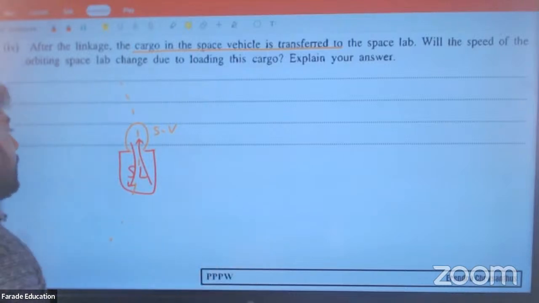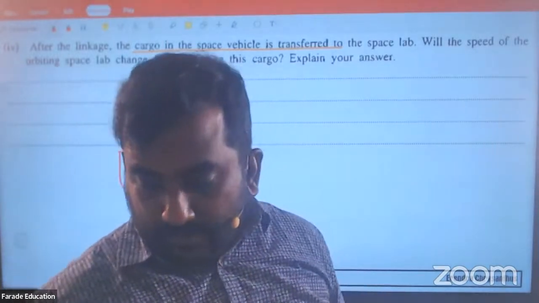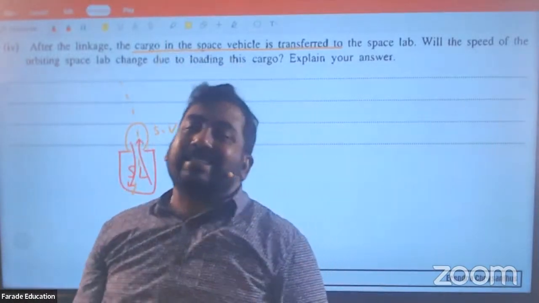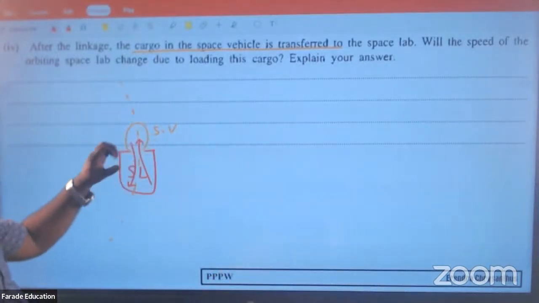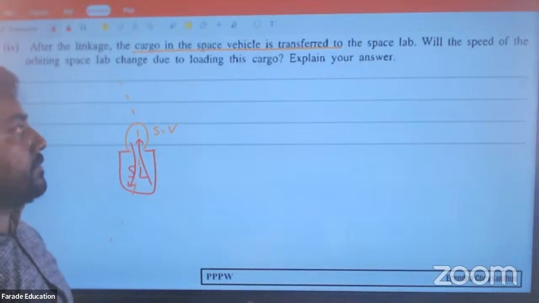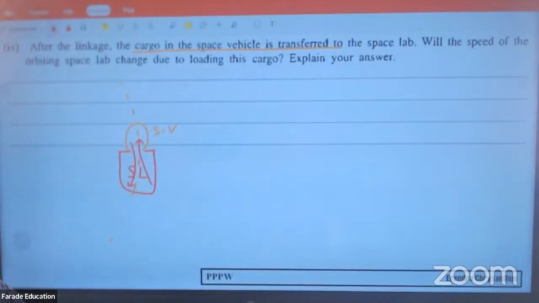Cargo moving is an internal process. This will not affect the velocity of orbit because the total momentum of the system does not change.